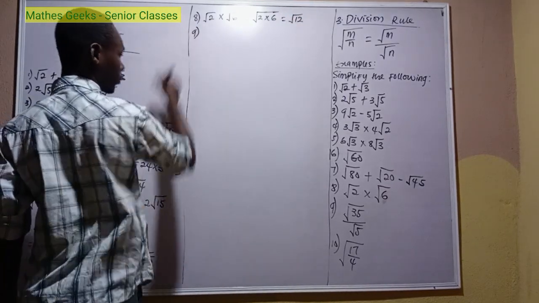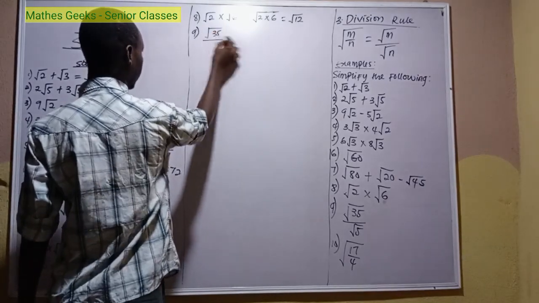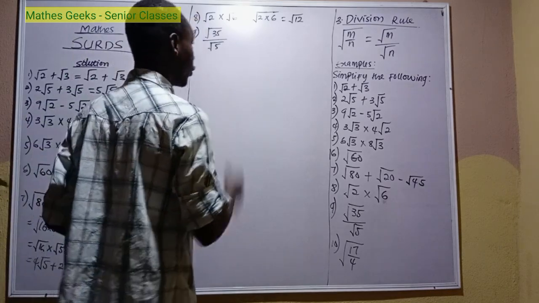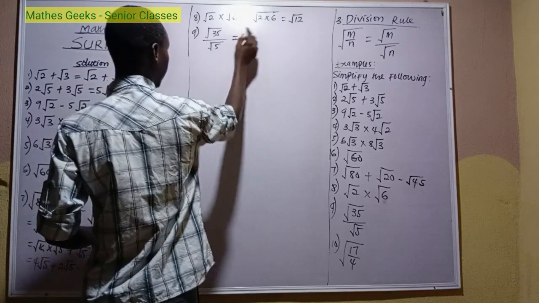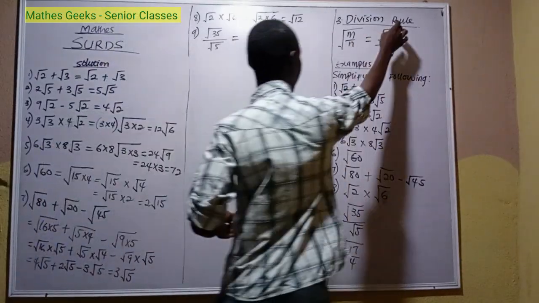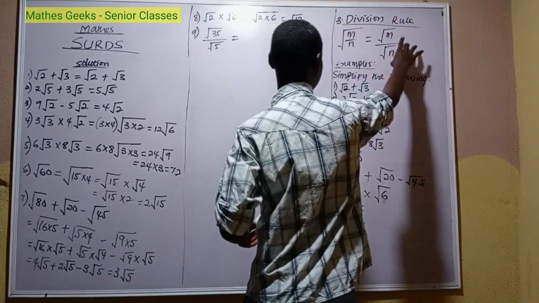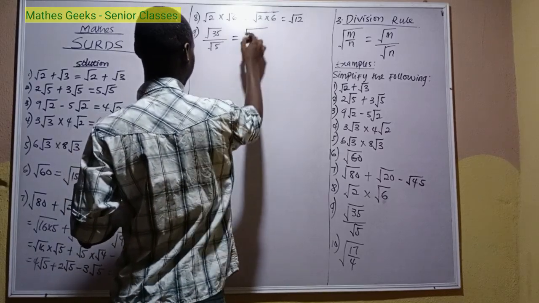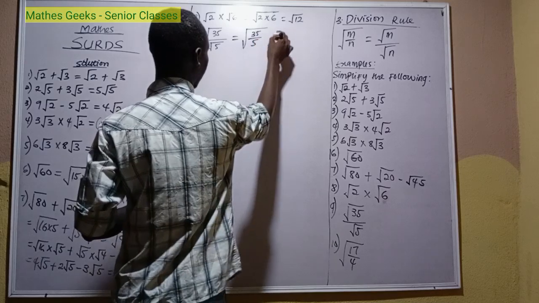Number 9, root 35 over root 5. From our division rule, which we still have here, this root 35 over root 5 is of the form root n over root n, and this form is equal to root of n over n. So we're going to put it this way, root 35 over 5.